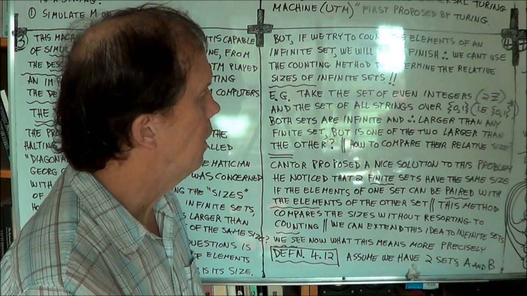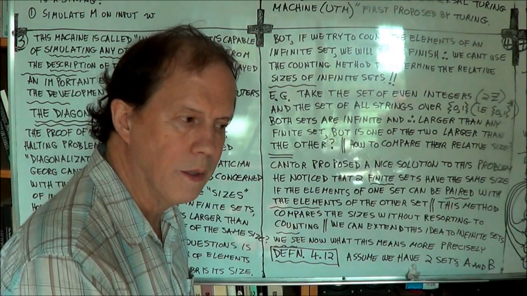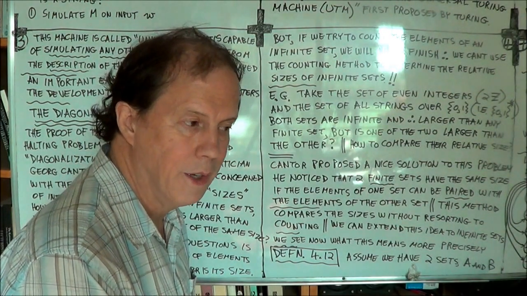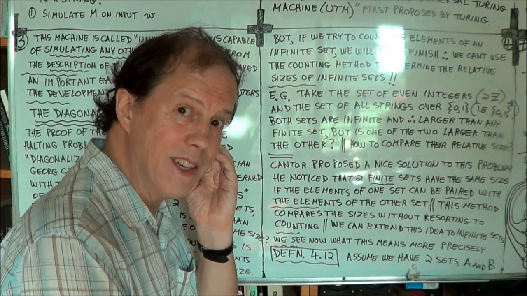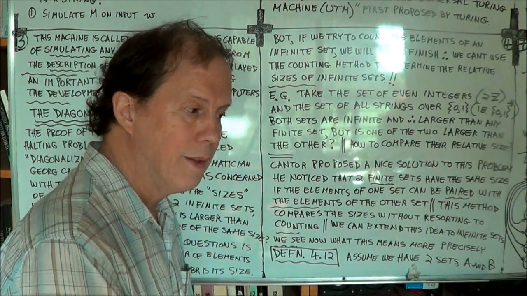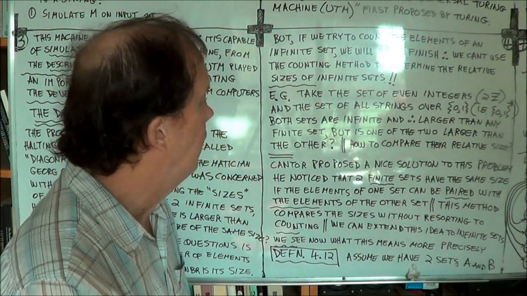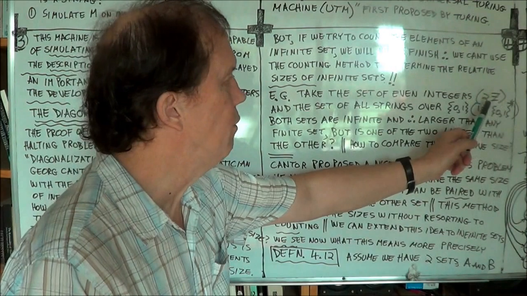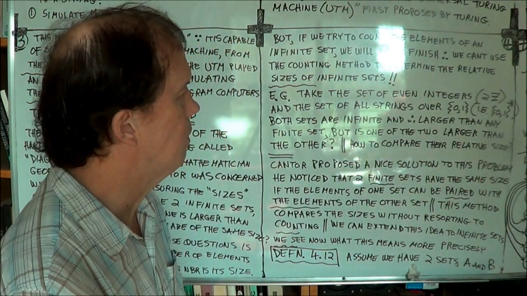Okay? Now those two sets, are they equal in size using the definition of Cantor? Remember that definition is two infinite sets are equal in size if they can be paired off one to one. So can you pair off the even integers with the binary strings? That's the question.